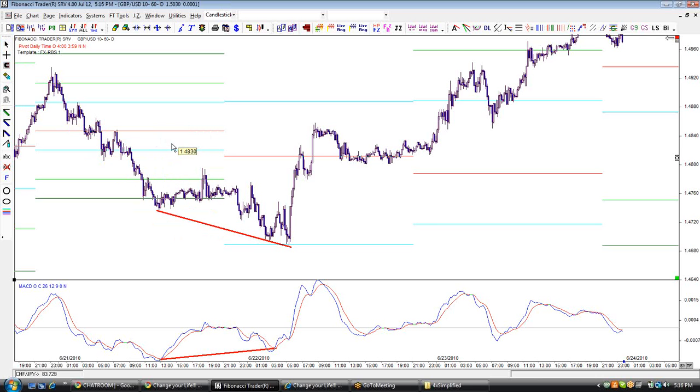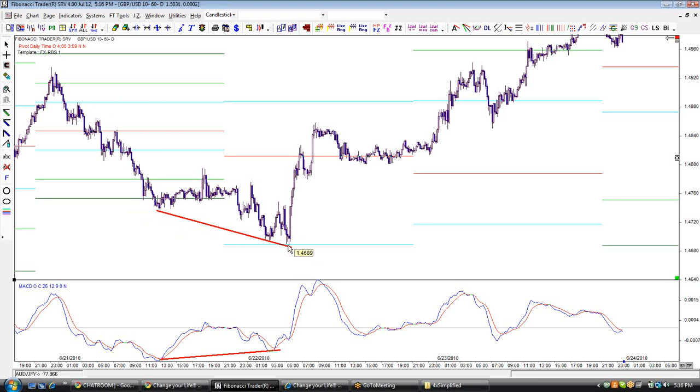And it can be confusing in the beginning because of the way we draw MACD divergence. In a downtrend we draw a trend line from the low to the low, not from the high to the high, like a normal trend line would be drawn over the highs. But in a downtrend, we're looking at the lows.